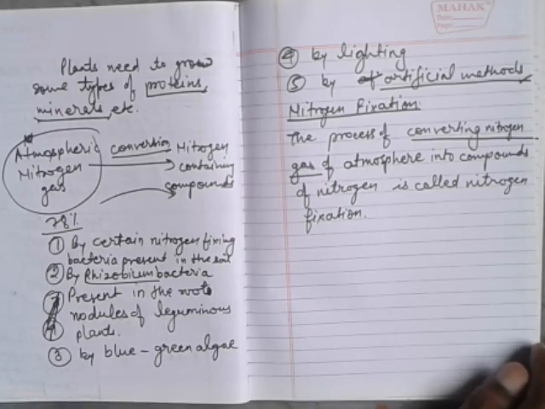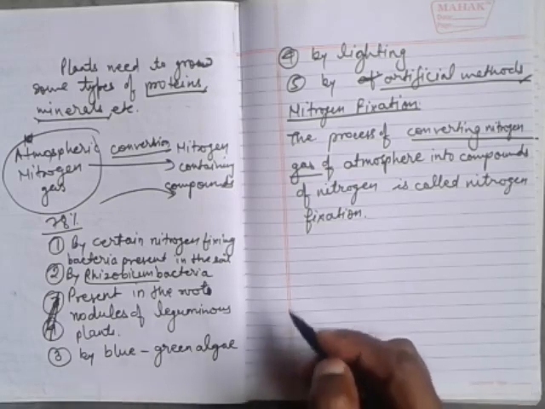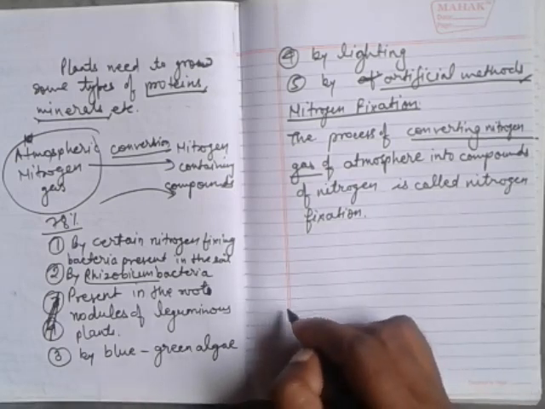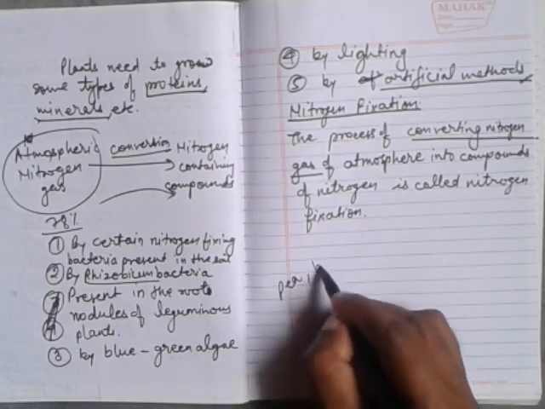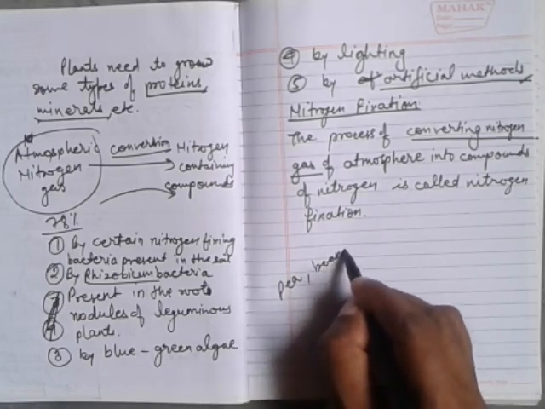They live in the root nodules of leguminous plants. Leguminous plants are like pea plant, bean plant.